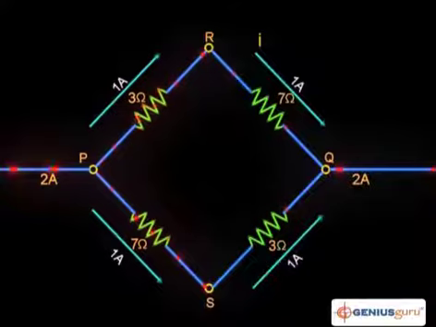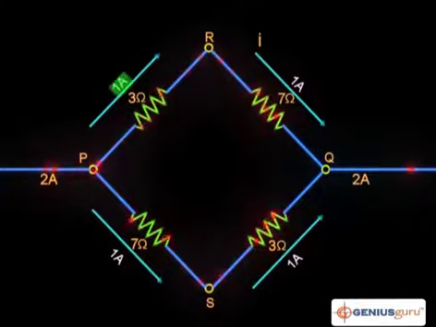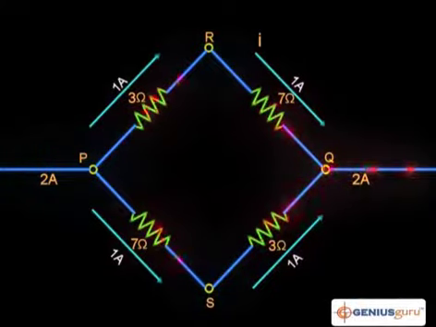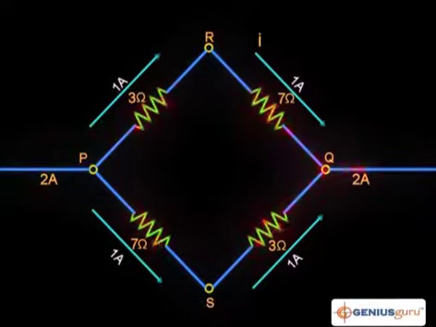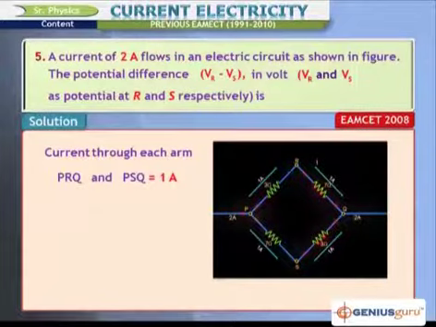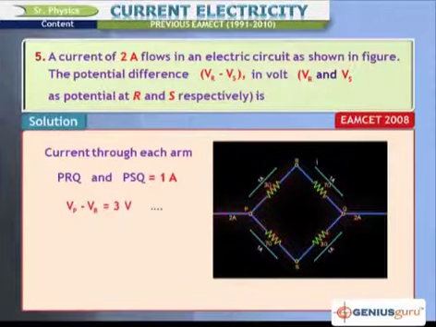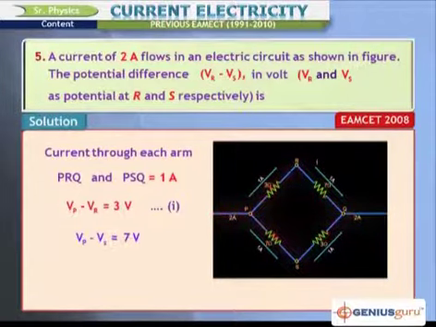Hence, current through each arm, that is PRQ and PSQ, will be 1 ampere each. Now, we are saying that current from P to R is 1 ampere, then current from R to Q is also 1 ampere because they are connected in series. Therefore, I can write Vp minus Vr as current 1 into resistance 3, therefore 3 volt. Similarly, Vp minus Vs can be written as 7 volt.